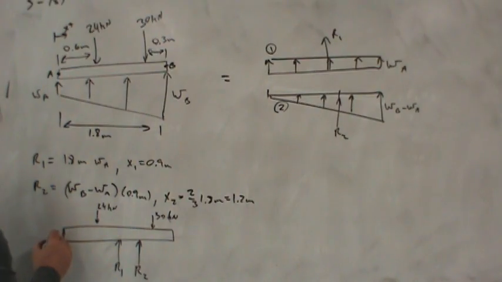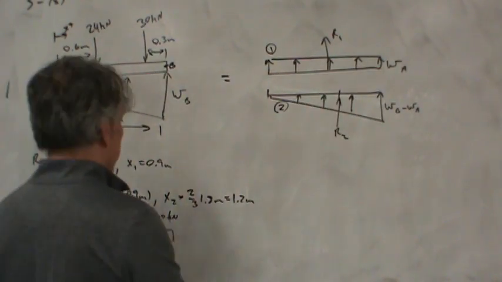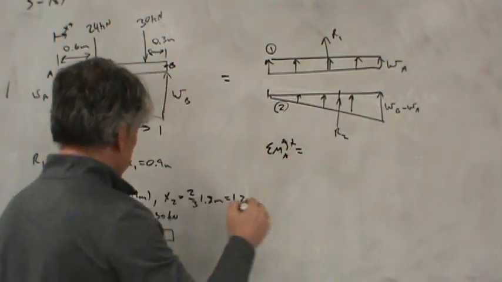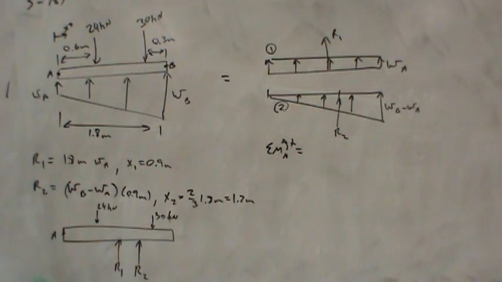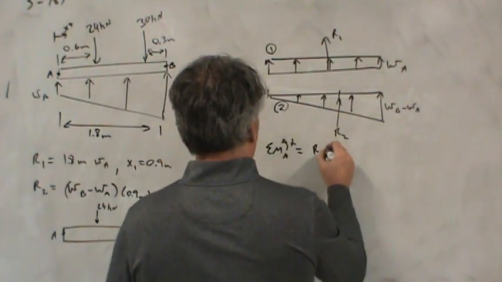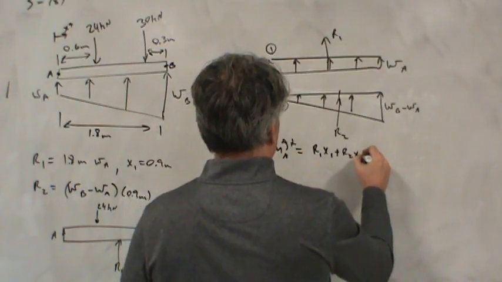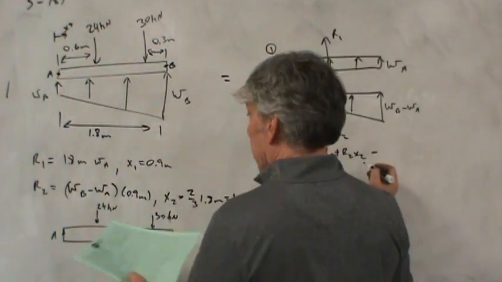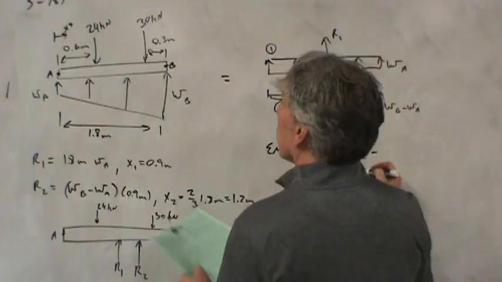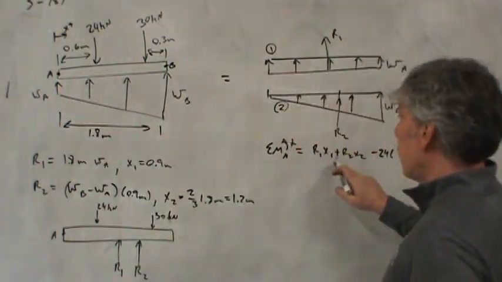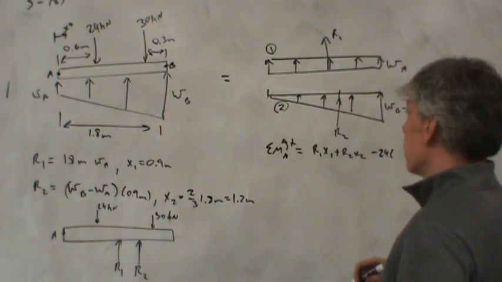So if this is point A and I sum moments about point A, counterclockwise positive, it looks like I'd have R1x1 plus R2x2, just using the symbols to indicate that R1 and R2 cause positive moments, minus, I'm going to plug in numbers for the 24 kilonewton and 30 kilonewton load. 24 kilonewtons, I'll drop the units, but know that R will be in kilonewtons, X will be in meters.